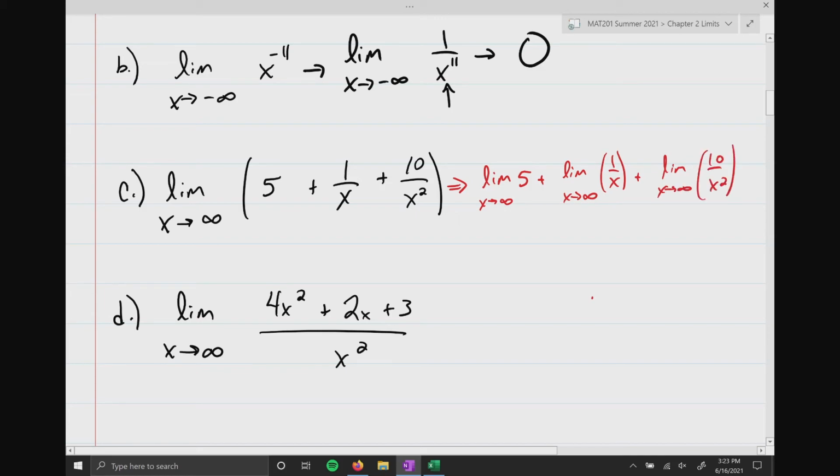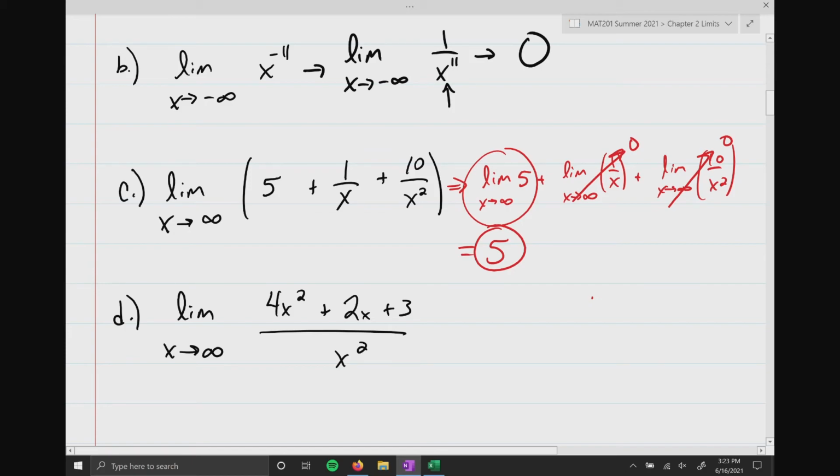We know the limit of 1 over X is going to go to 0. And this is going to go to 0 because that's 10 divided by an extremely large number, which is essentially 0. This one, you don't have an X value, so you have nothing to substitute the limit in for, so it's going to equal 5. So the limit as X approaches infinity of the quantity 5 plus 1 over X plus 10 over X squared is equal to 5.